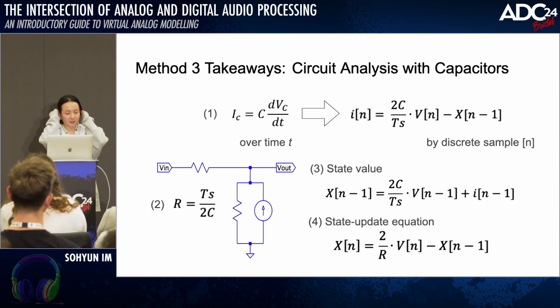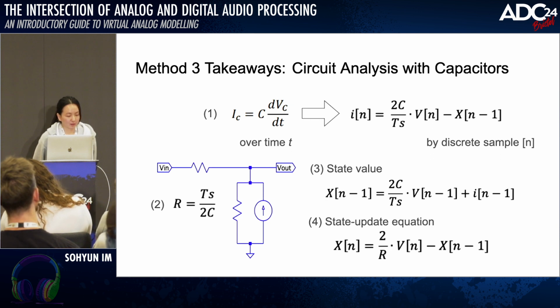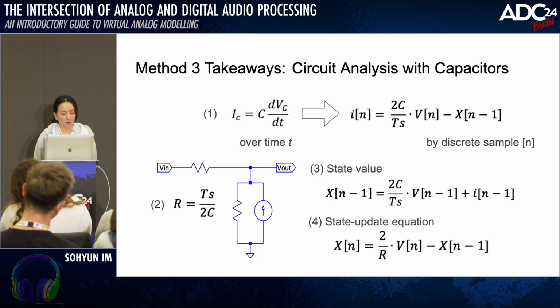So yeah, it was a lot, but there are 4 takeaways with respect to the capacitor. First of all, we can use the equation for the current flowing through the capacitor over time, but we also obtain the formula for current flowing through the capacitor not over time t, but by discrete time sample n.